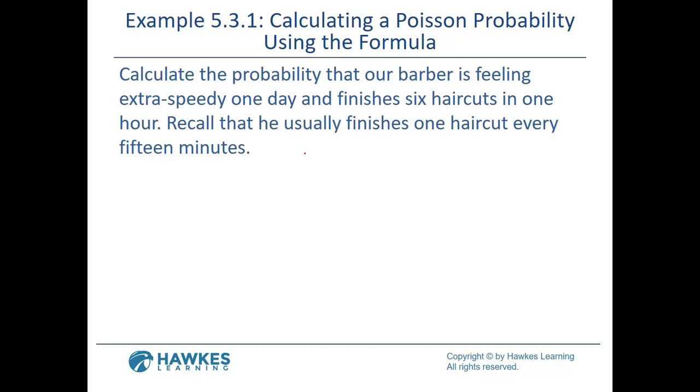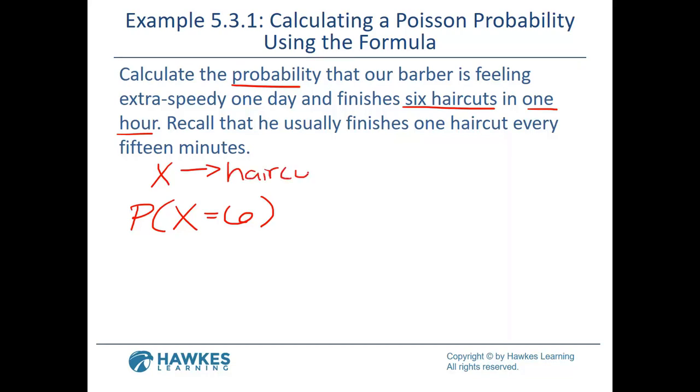In this problem, it says calculate the probability that he finishes 6 haircuts in 1 hour. So it's automatically asking us, find the probability that x equals 6. And again, x itself, we are talking about haircuts.